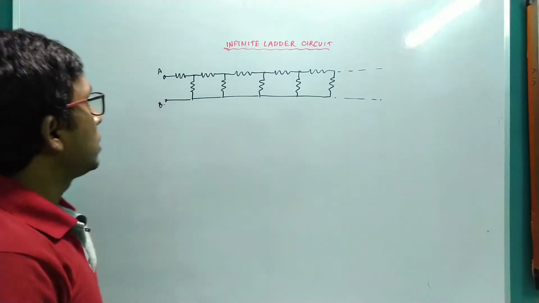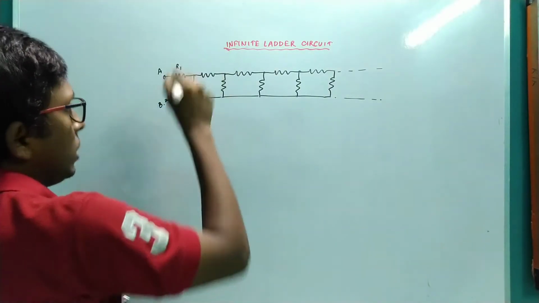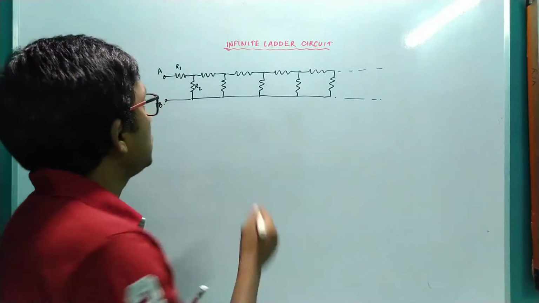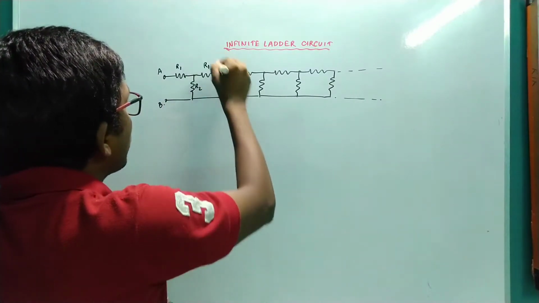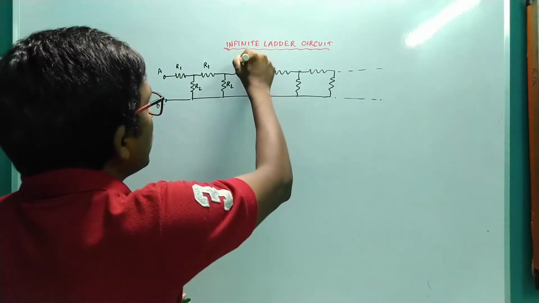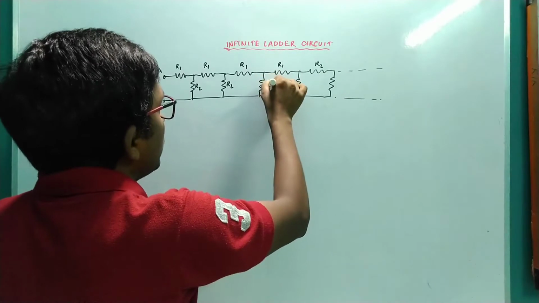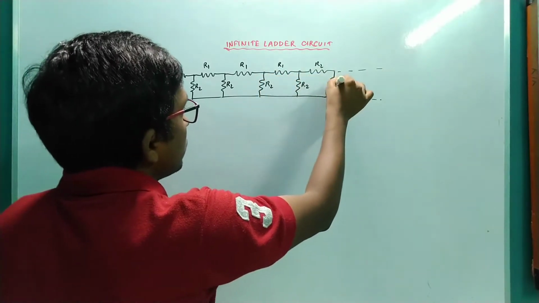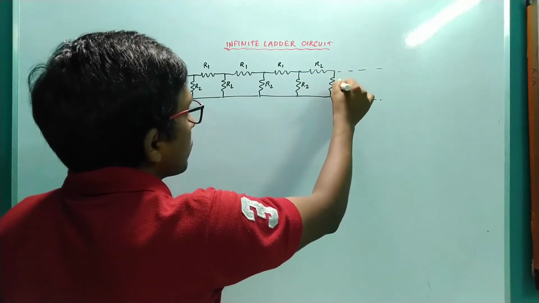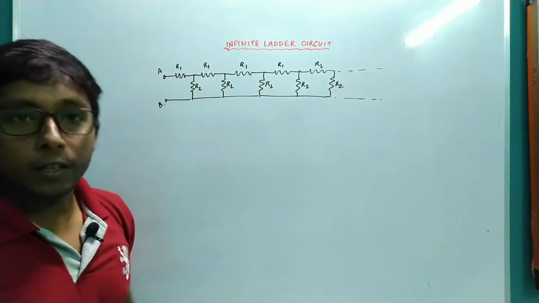Suppose the resistances given are R1, R2. In the most common problem, the horizontal resistances are R1 and the vertical resistances are R2. You'll often see the values of resistances given like this.